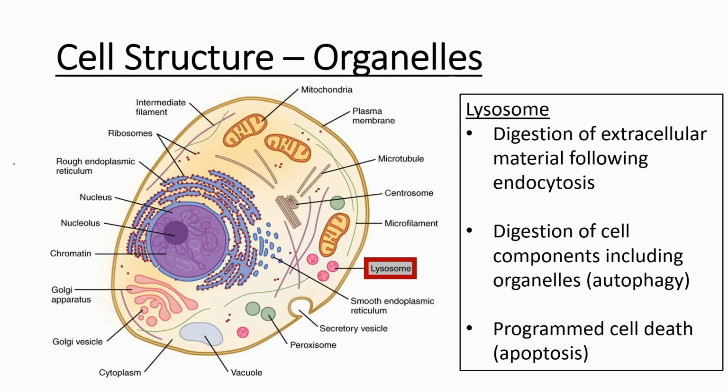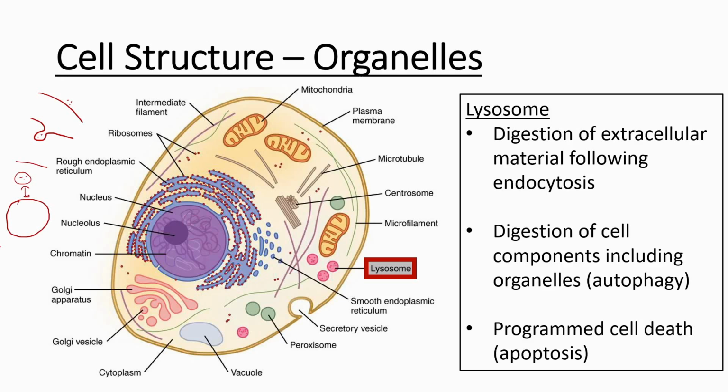So for example, if I have the plasma membrane here, and let's say there's a substance outside, could be a pathogen, that plasma membrane then takes up that substance, forming a vesicle. Here's a vesicle, and you can see that the substance is inside. That vesicle can fuse with the lysosome, so these two can fuse together.